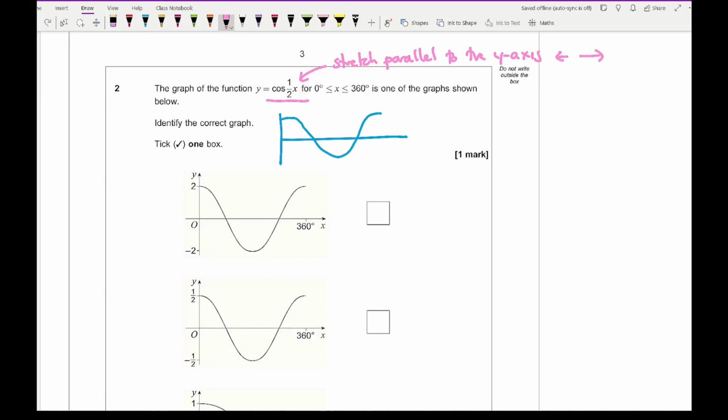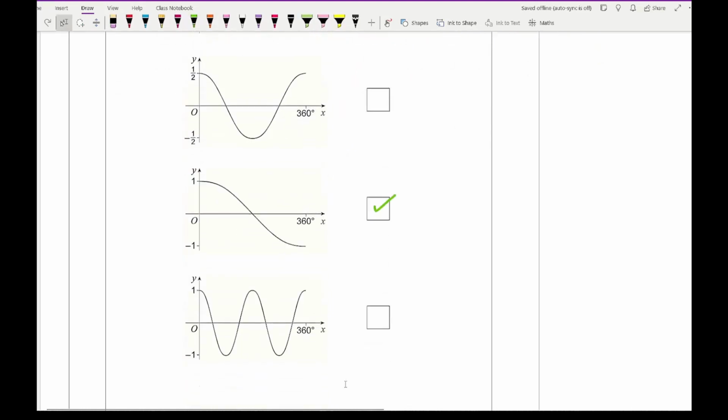So if I draw a line where between 0 and 360, 0 and 180, that is going to be 0 and that's going to be 360. So it's this that I'm looking for, which, if I scroll down, is my third option.